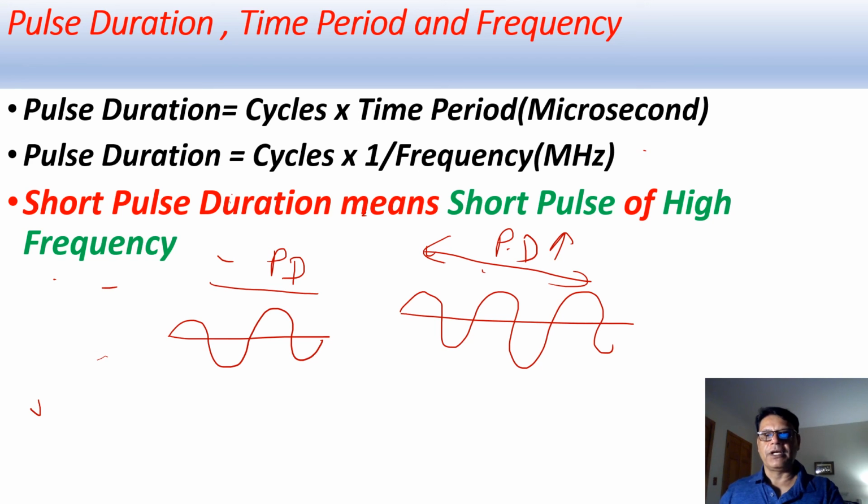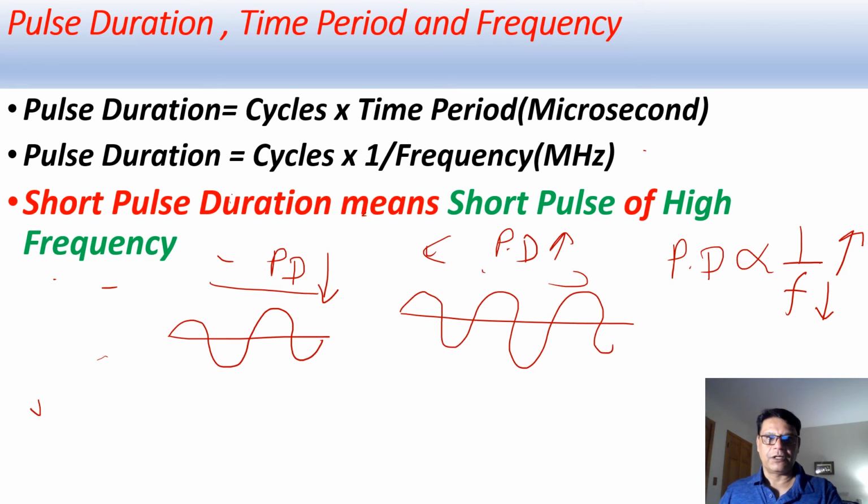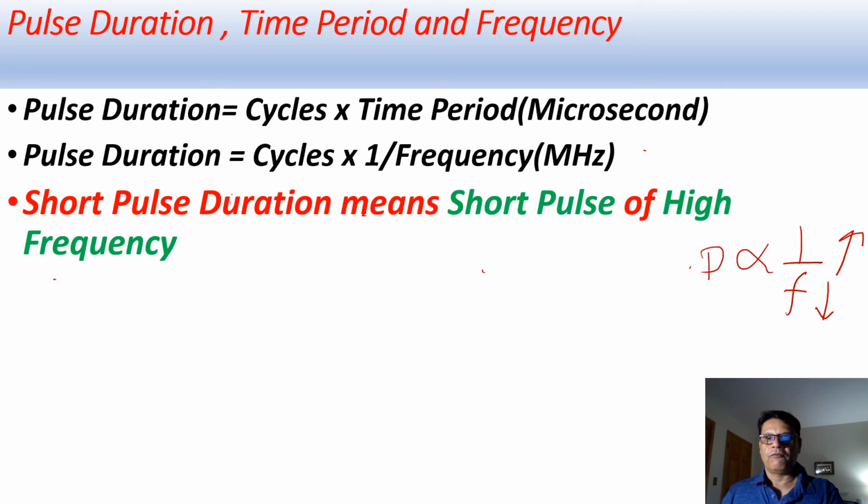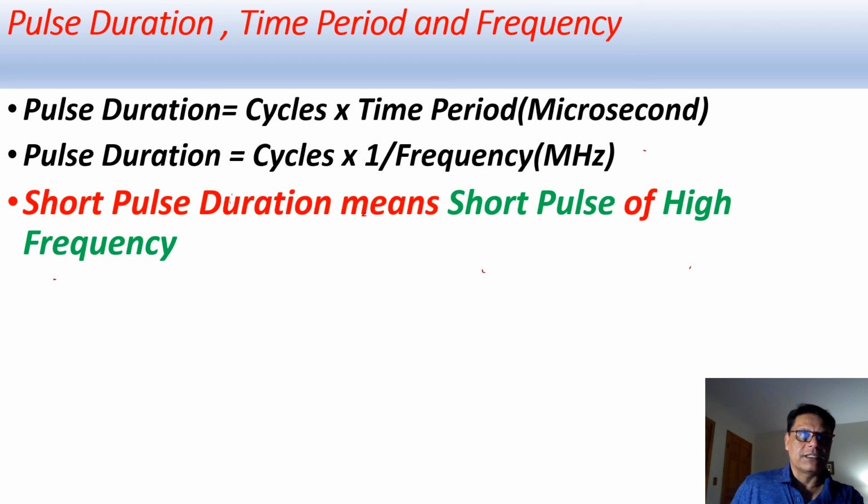And when pulse duration is high, you know that pulse duration is inversely proportional to the frequency, so frequency will be low. So the pulses that have low pulse duration have high frequency, and high frequency means high resolution. So we need pulses of low pulse duration for our ultrasound imaging, and short pulses have low pulse duration.